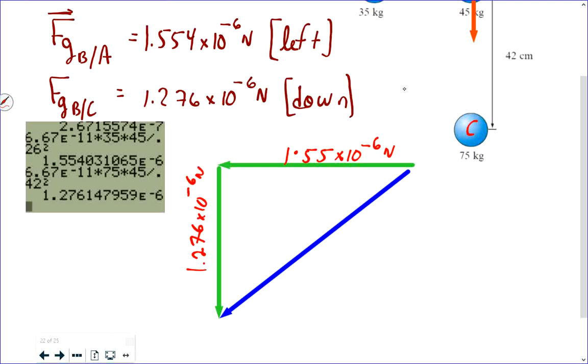I mean, I wouldn't go so far as to say that the rest is, well, yeah, I would. The rest is easy. The Pythagorean theorem is what you're going to use to find the number of newtons that the net force is, and the angle, which is going to be so many degrees south of west, assuming we're looking on a map, is found using tangent. I think the rest is easy. I don't think it's difficult at all.